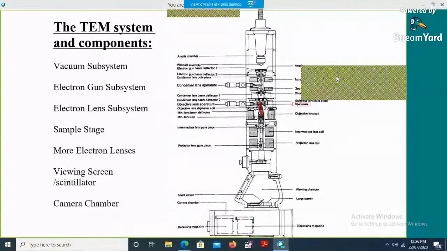So the parts are similar, and even the functions of the parts are similar, but the organization of the parts is different.